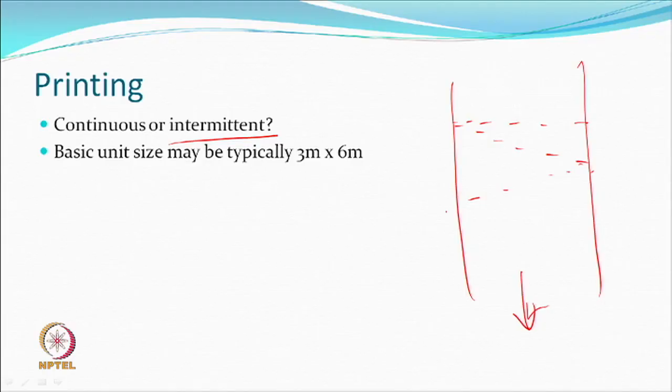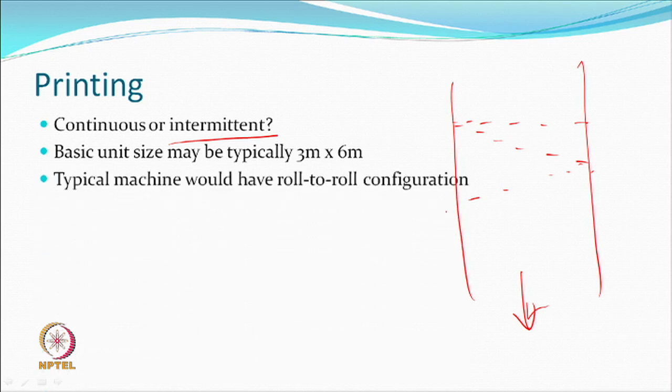The basic print unit may be 3 meter by 6 meter, 3 meter wide, 6 meter long, which would have everything: inking stations, all the print heads, the carriage, the motion, everything else. A typical machine may have industrial versions for textile printing, may have roll to roll configuration.